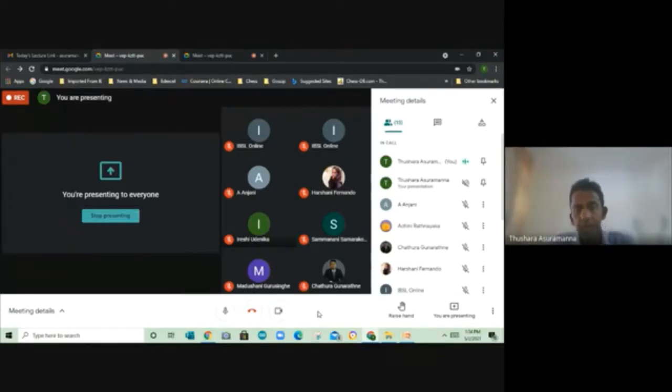For example, let's say we have an NPL customer, and we want to give an overdraft facility. Obviously we can't give it on a clean basis. Why? NPL customer means the customer's creditworthiness is very low.